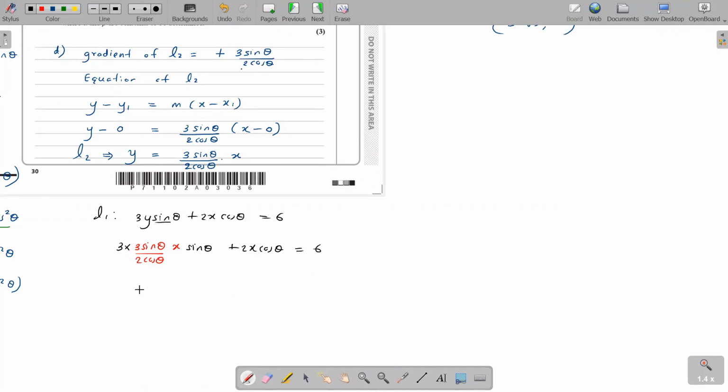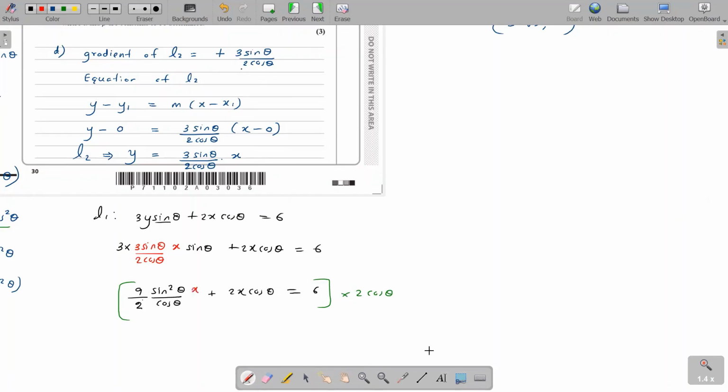So this gives me 9 over 2 sine square theta over 2 cos theta, plus 2x cos theta equals 6. So now I'll multiply the whole equation with 2 cos theta.